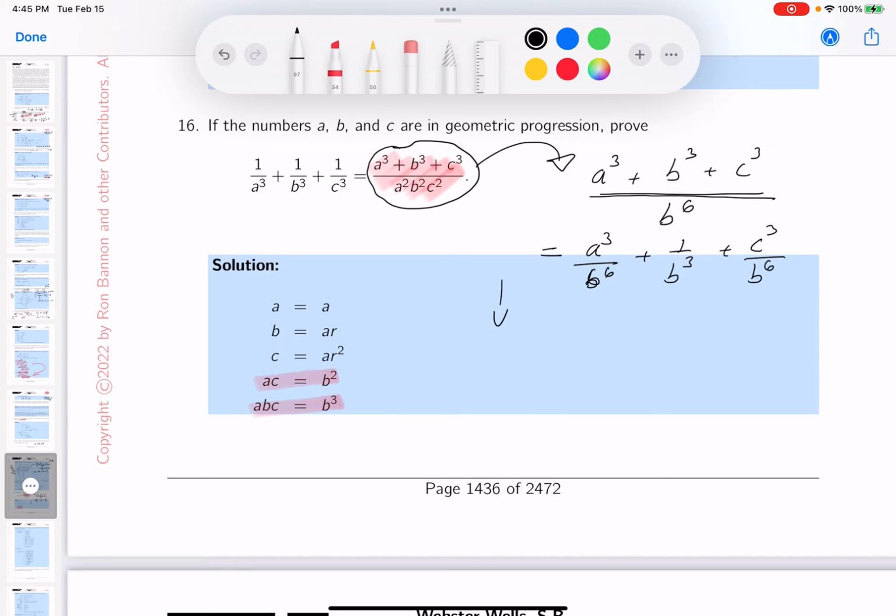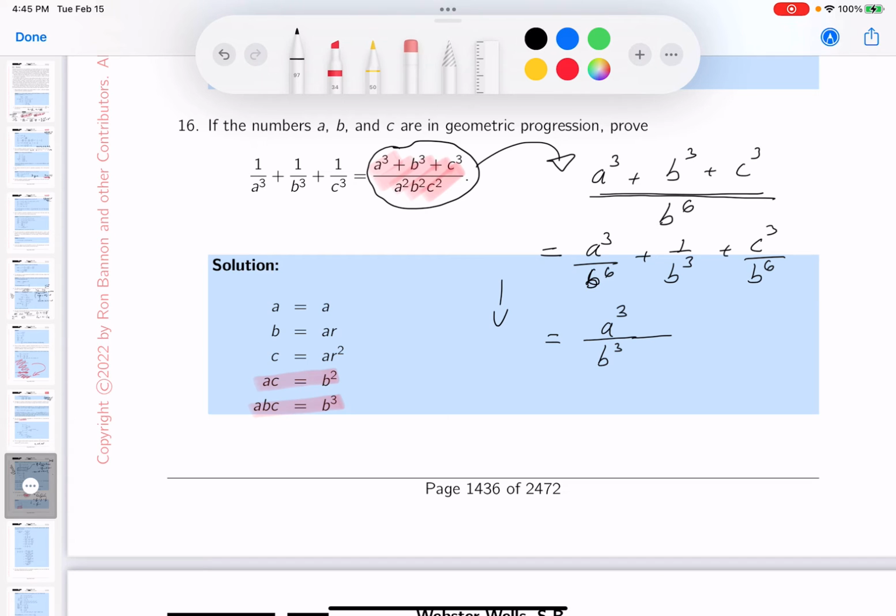Let me put the next thing down. Equals, well, I got something over here, don't I? And let's put this over here. This is going to be A cubed over B cubed. What would you get next? I've got to be careful about this, don't I? I'm looking at this.